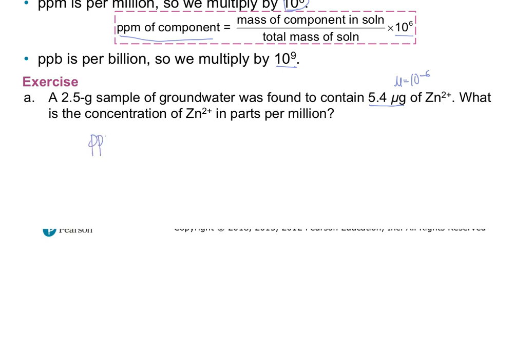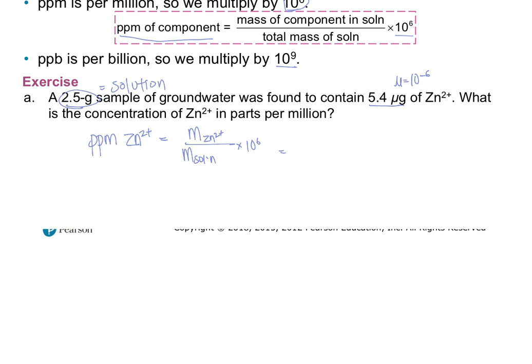So we're going to find the parts per million of zinc, and that's going to be the mass of zinc ion divided by the mass of the solution, times a million. Now notice it says 2.5 grams of the sample of groundwater. This is not just pure water, this is the solution. So that is the solution mass.